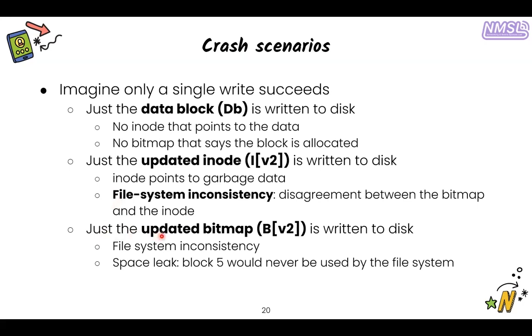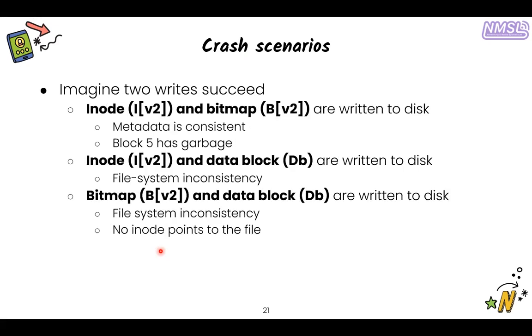Similarly, say only the bitmap is written. Same thing, we still have file system inconsistency because only one of bitmap and inode is written. And also now we have something called a space leak, because block 5 would never be used by the file system. The bitmap says it's allocated, so we're not going to use it. So again, any scenario is still a problem.